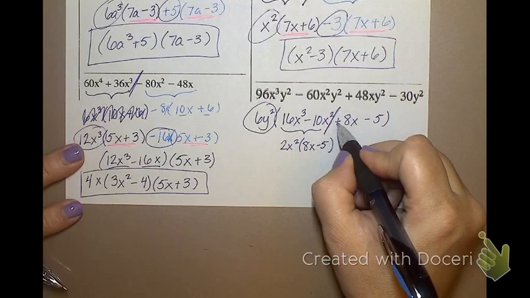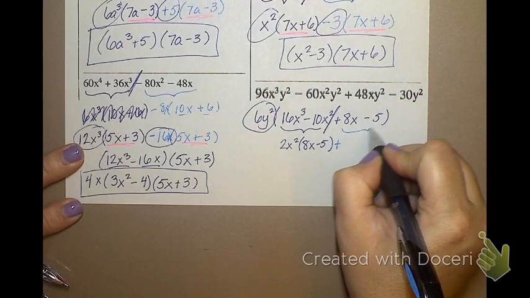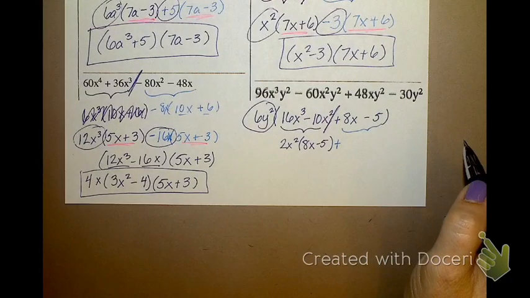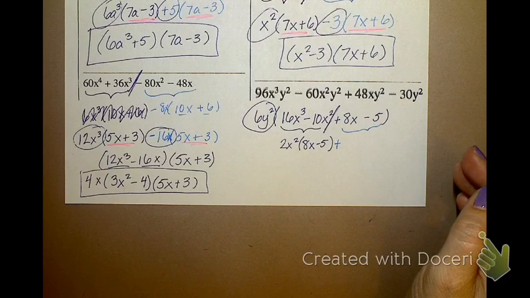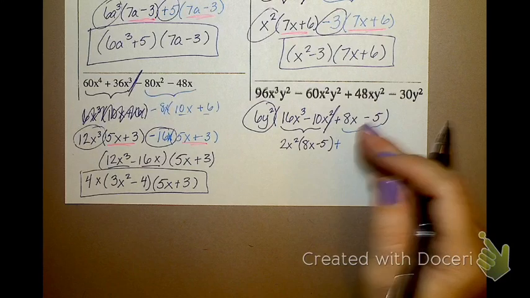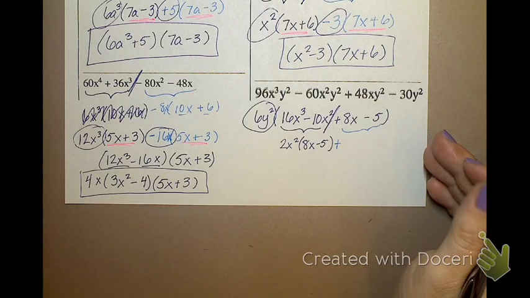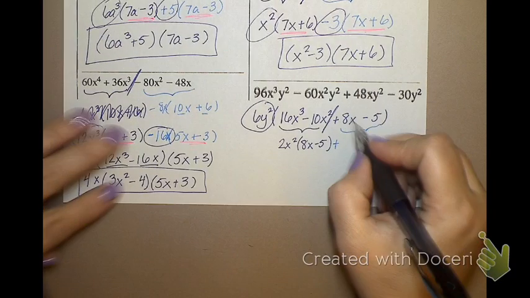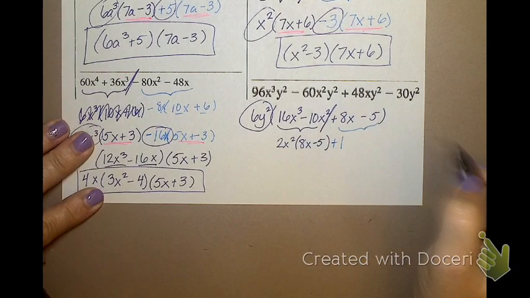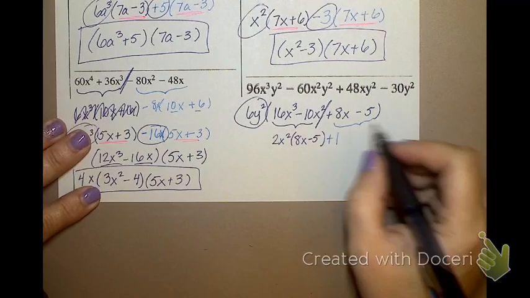Bring down the plus. What do these two have in common? They have nothing in common, it looks like, right? Now, technically, every single number has something in common. And if it's nothing else, then it's 1 that they have in common. So if there's no other numbers that you can find that they have in common, you need to put a 1, because they do technically have 1 in common.